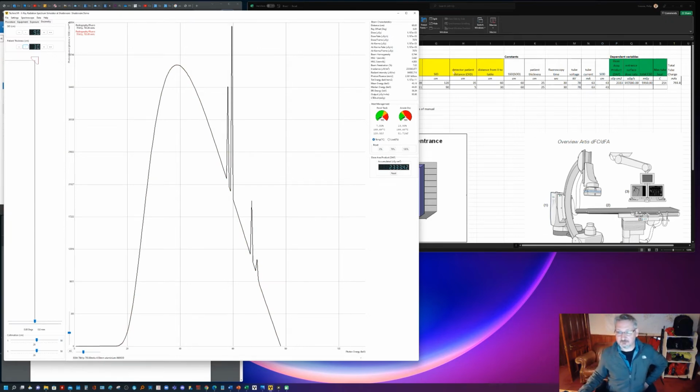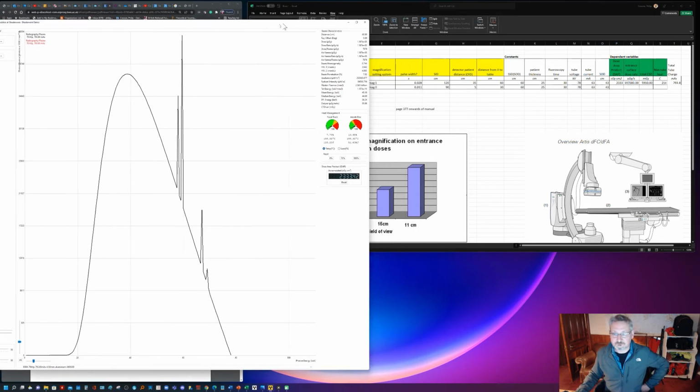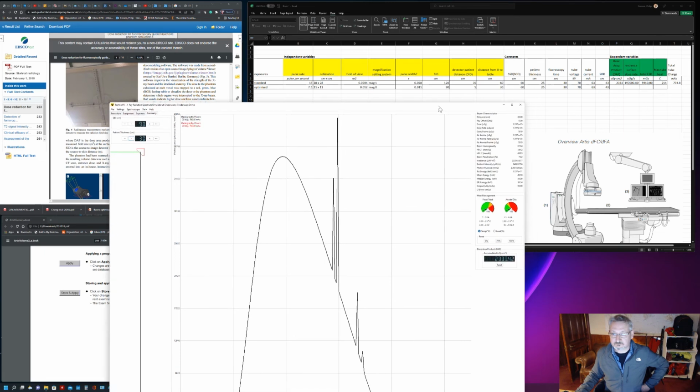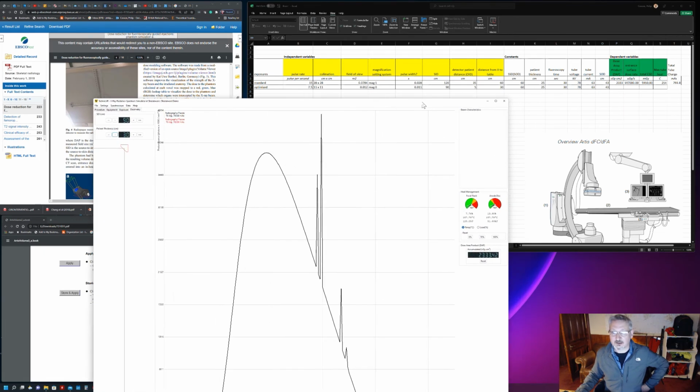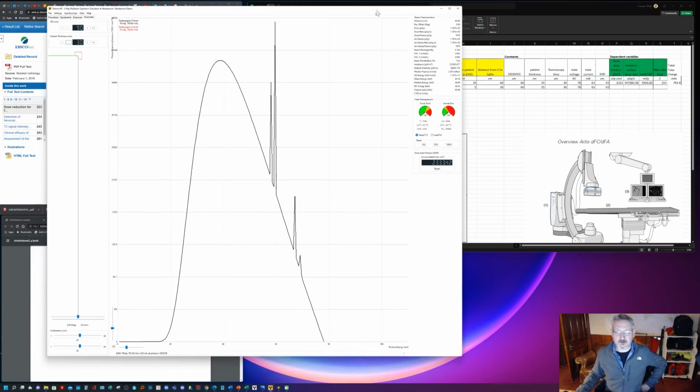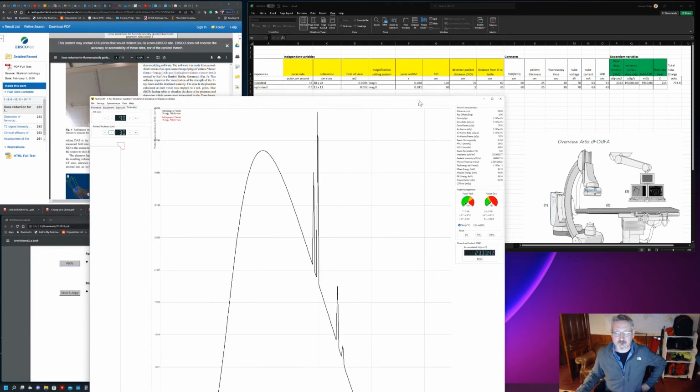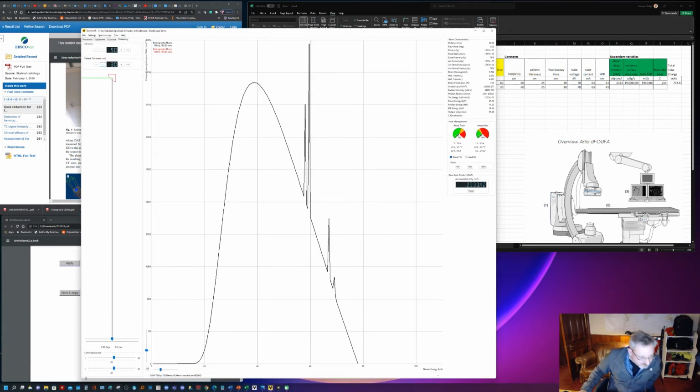So that's fine. Now next, what else do we need to do? So we've done that. Oh, collimation. We're going to collimate to 11 centimeters, aren't we? So it's going to be 11 by 11 instead of 28 by 28. So we need to bring these in to 11 centimeters.